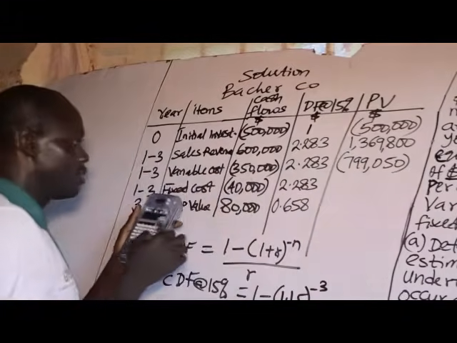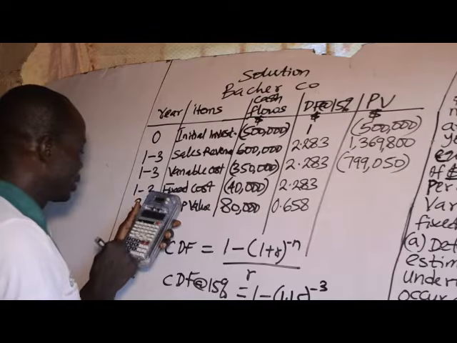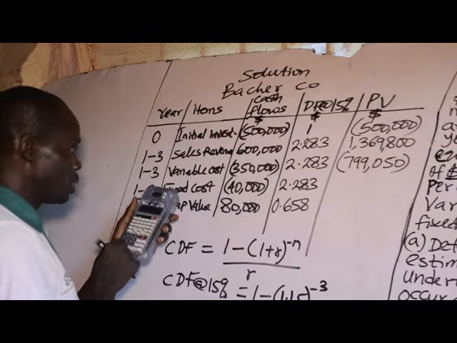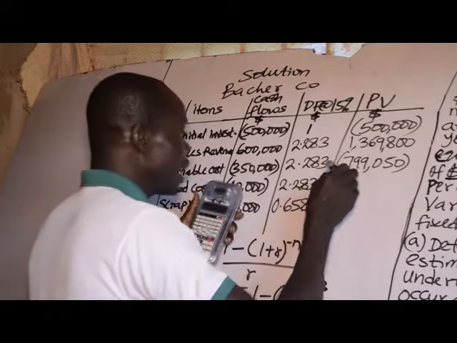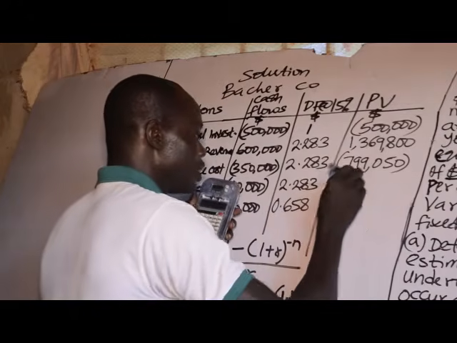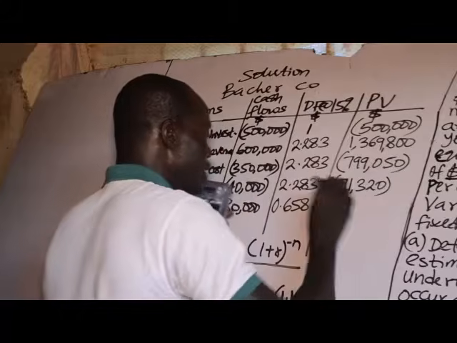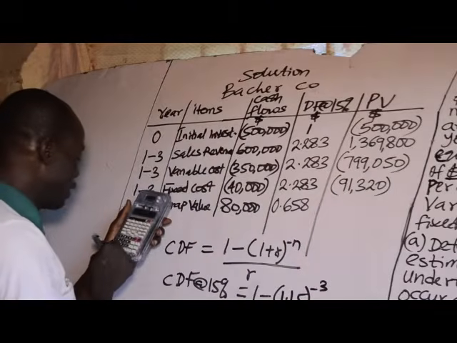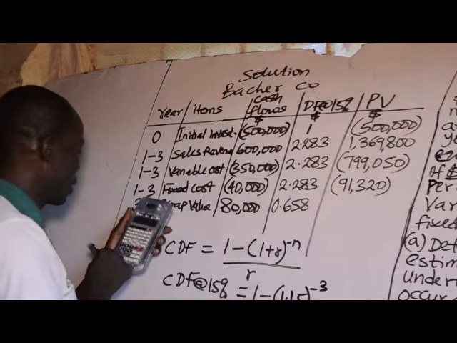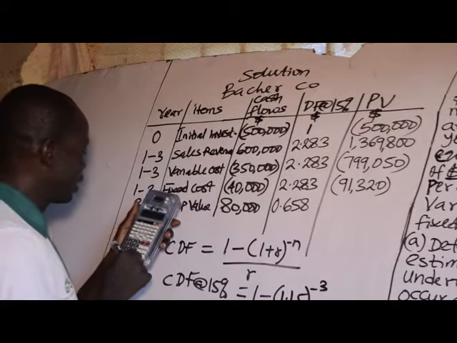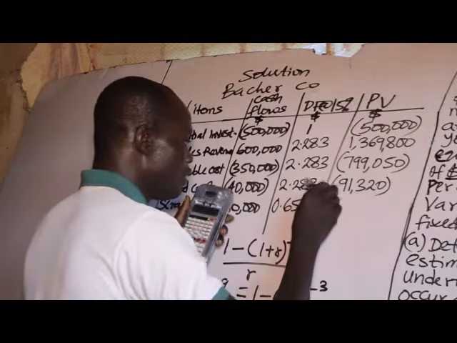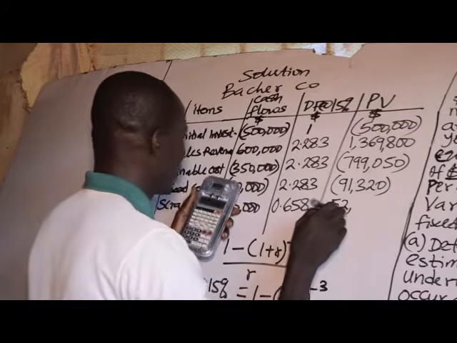This is negative. 40,000 times 2.283 gives us 91,320, negative as well. 80,000, an inflow, times 0.658 gives us 52,640.